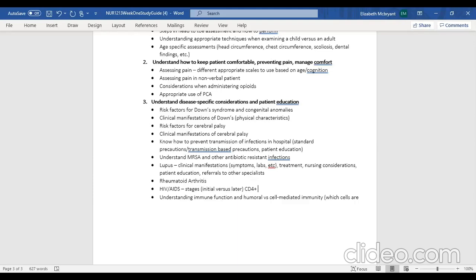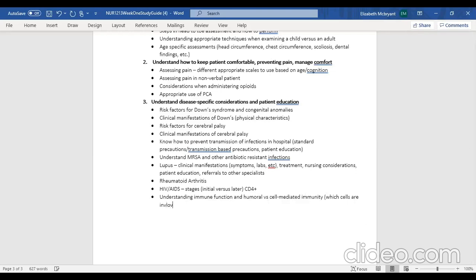And then understanding the immune system, immune function, how it works. Definitely, you're going to need to know the difference between humoral, which is B cell, related to the B lymphocyte cells and the creation of antibodies, versus cell-mediated immunity.